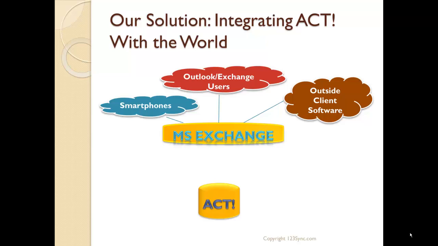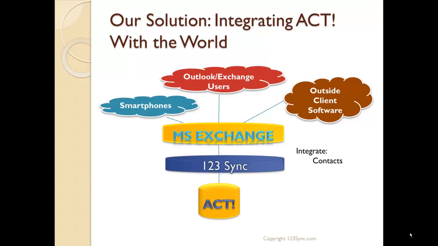So we integrate all these items to Microsoft Exchange, and Exchange becomes a transport for data into ACT, and we just plug in 1-2-3 Sync in between, and now ACT is actually integrated with all the systems that are on the internet. So let's integrate contacts, calendar, tasks, emails, and a lot of other things that we're actually providing.